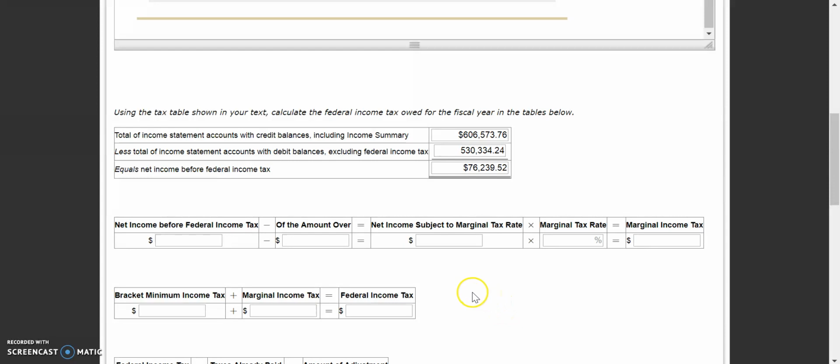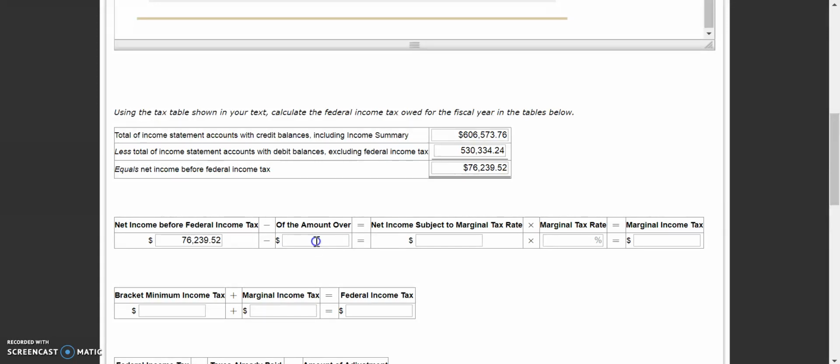Now, as we continue to scroll down, we have to use this table to help us find our marginal income tax. Now, you do need your book for this part, as it says, using the tax tables that are shown in your text. So you do need this in chapter 22-1. So it says that the net income before federal income tax is $76,239.52. So we plug that in. Now, when you look at that marginal tax table, it's going to say our tax is 34% of the amount over 75,000.